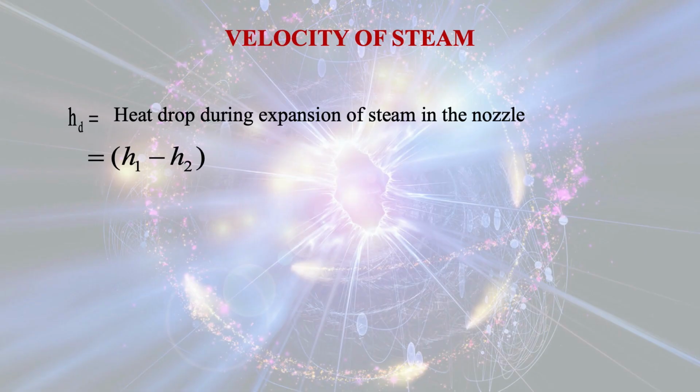Now let us see how we can calculate the velocity of steam. Here HD is the heat drop during expansion of steam in the nozzle, that is equal to H1 minus H2, where H1 is the enthalpy at the inlet and H2 is the enthalpy at the outlet.